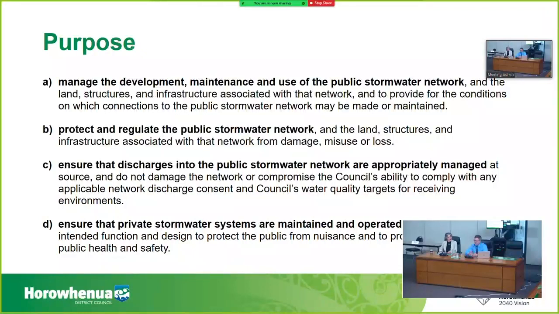So some of those finer details could be worked through, but we're not expecting that this is getting into that technical element around sizing of stormwater networks. There is a very different separate work stream around those types of activities in district plan rules that we won't be going into through this process.